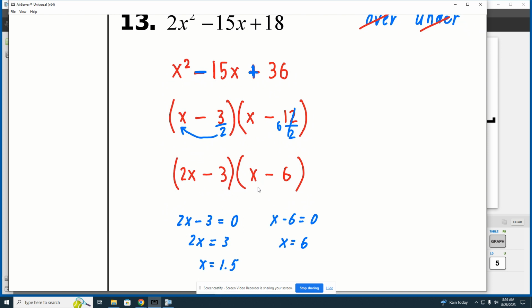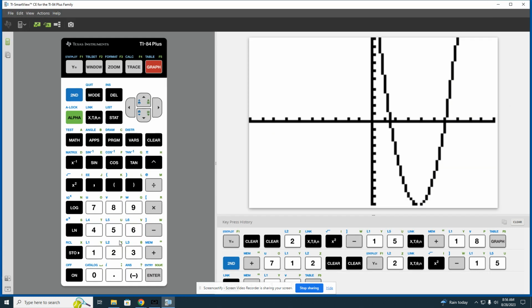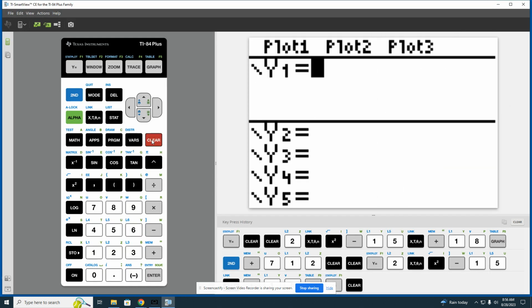The factors will give me the solutions if I set them equal to 0 and solve. Right? Then the factors will give me the solutions. Does everybody see that?